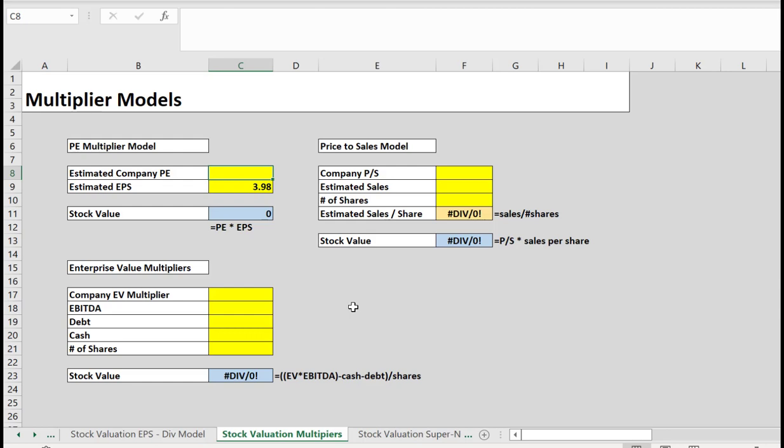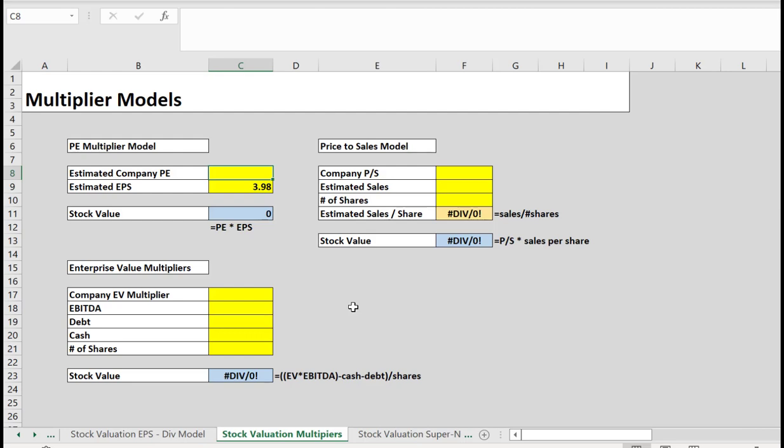Well, there's two ways we can look at this. One way is to use the industry average. Now, this won't give us a very good picture of our individual company's value, right?